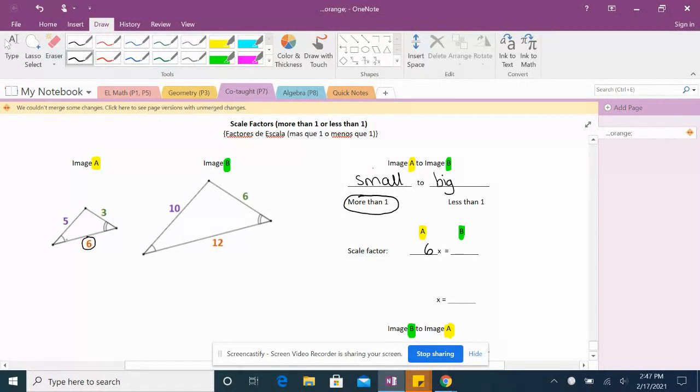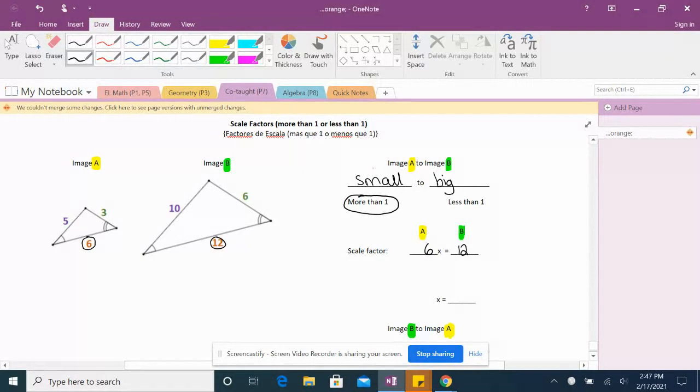El 6 está entre de 1 y 2 marcas de congruencia. On image B, the 12 is between the 1 and 2 tick marks. En imagen B, el 12 está entre de 1 y 2 marcas de congruencia.